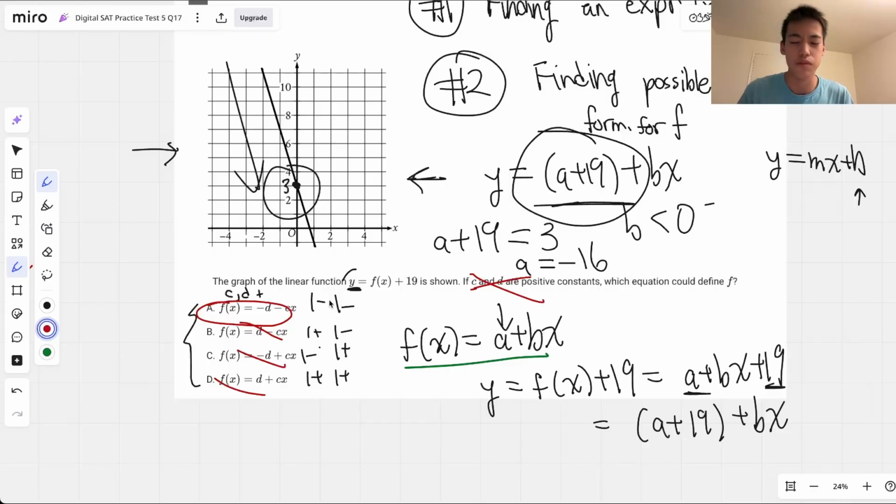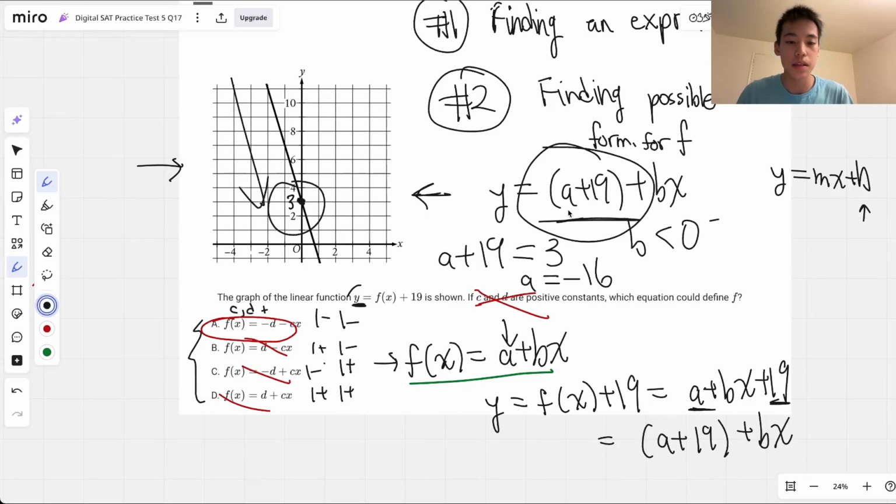Like here, we didn't even have to. When we solved the problem, we didn't really assume whether a or b are positive or not. We just found it from the graph and our assumed form here. And this way, in a sense, is also a little bit easier because you get to directly find the sign of the slope and the y-intercept of f without much computation.